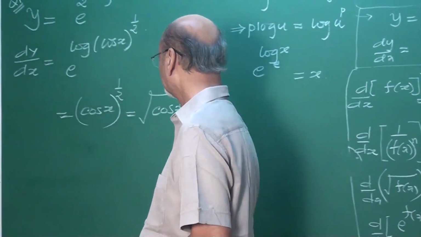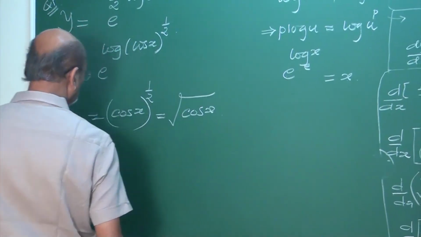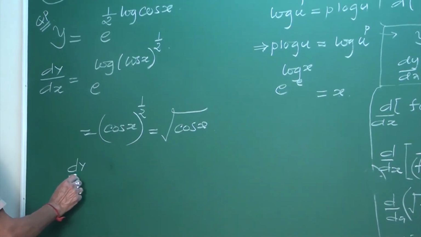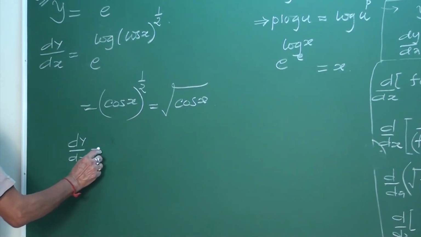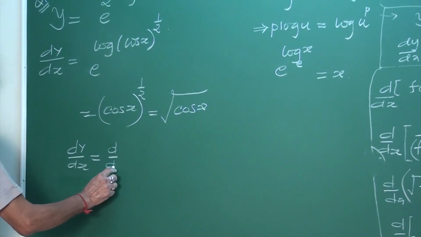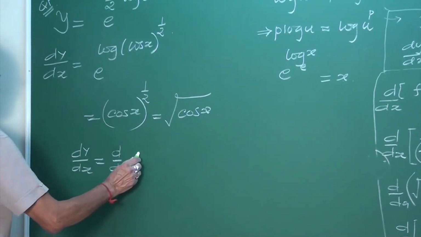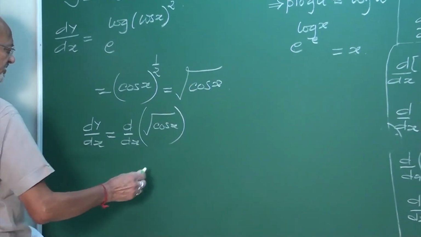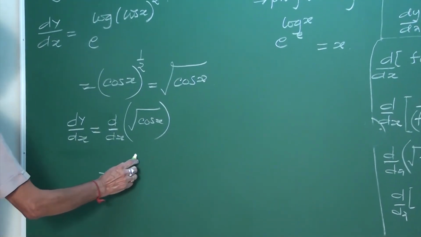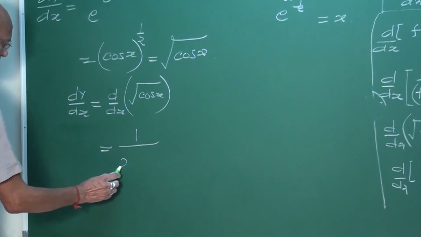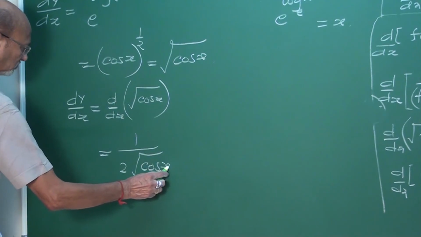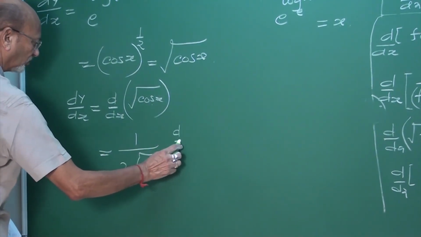Tell, friend. It is dy by dx. If you want one or two steps more, write. Otherwise, you write directly. Derivative of root f is 1 upon 2 root f, into derivative of cos.